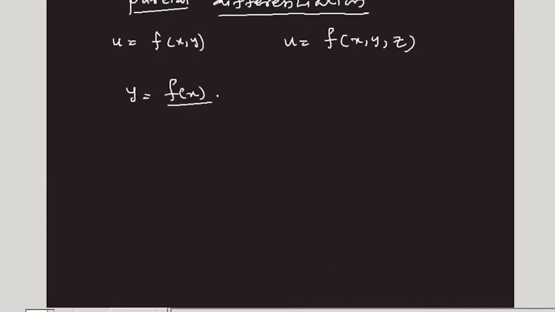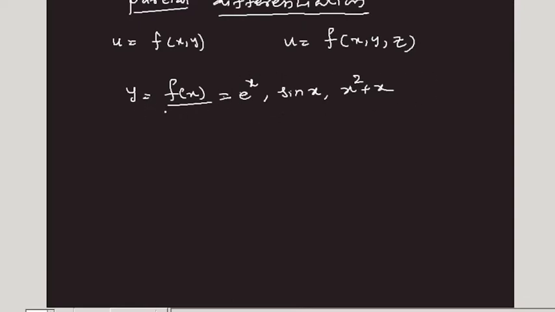So here f of x means we may have an exponential function, or a sine x trigonometric function, or we may have an algebraic term, polynomial, or any other combination of these terms.